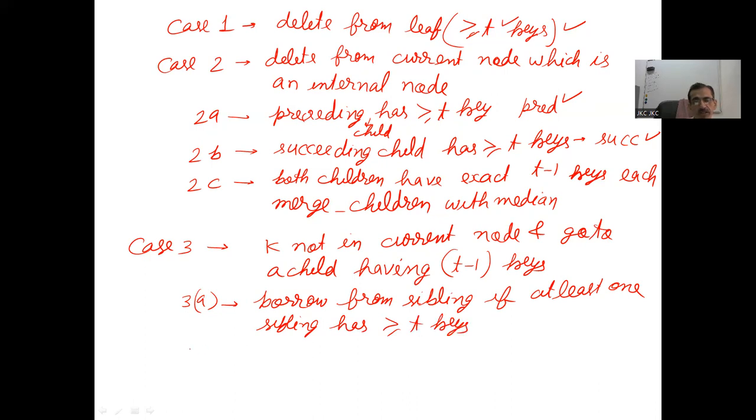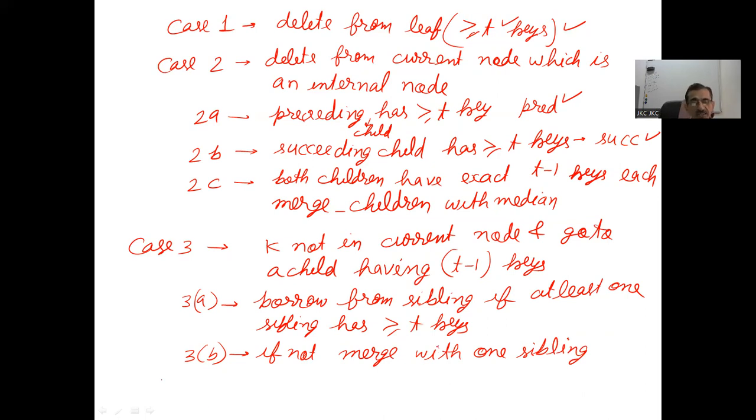And if not, that will be called case 3B. Again, merging will happen, merging with one sibling. You have to merge with one sibling, either the left sibling or the right sibling, any side you can merge, but the current node will be merged with the sibling.